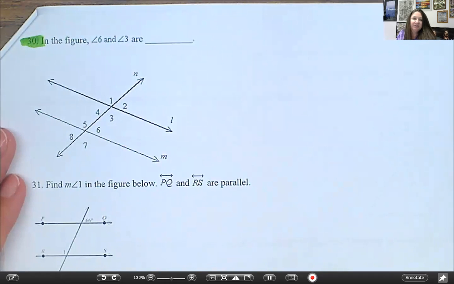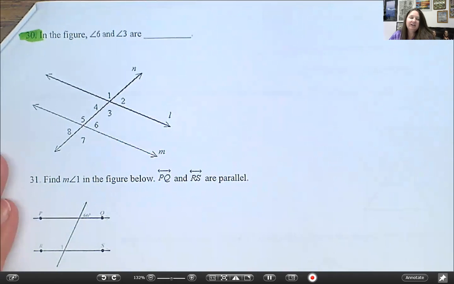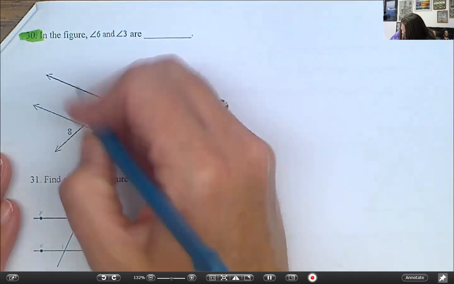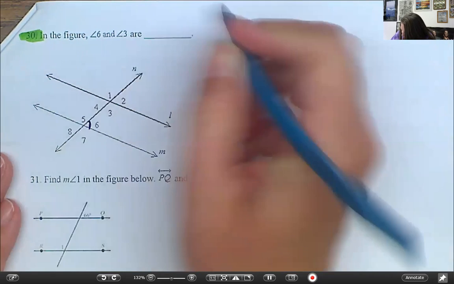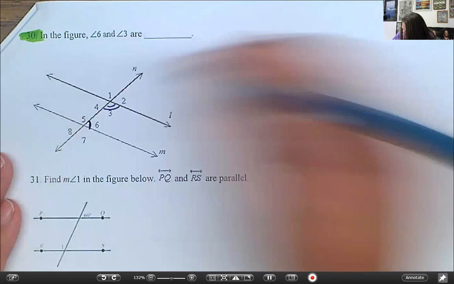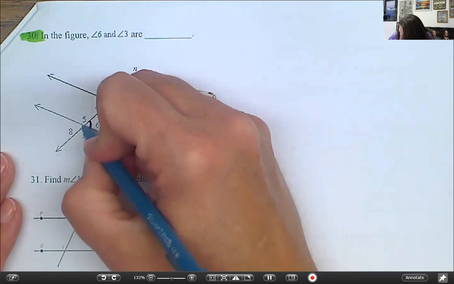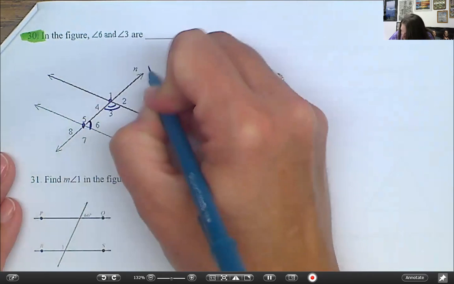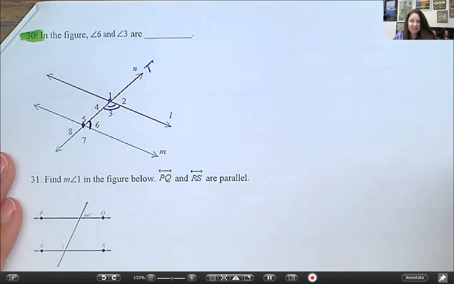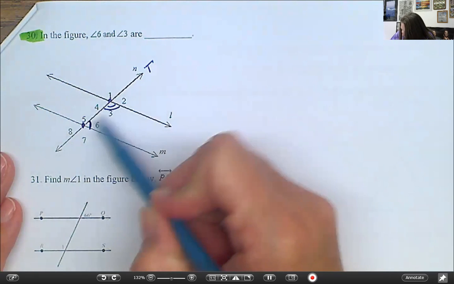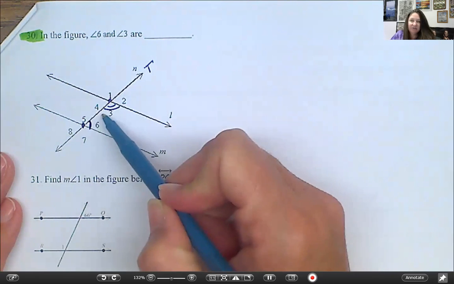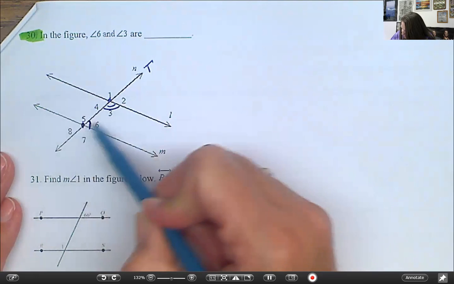All right, now when we move to 30, we're looking at our special angle relationships here. And we're looking at it by position with a transversal. So if I were to look here at angle 6 and compare that with angle 3, I should notice that both of these angles are located on this transversal that's intersecting those two lines. And these angles are on the same side of the transversal in between the two lines.